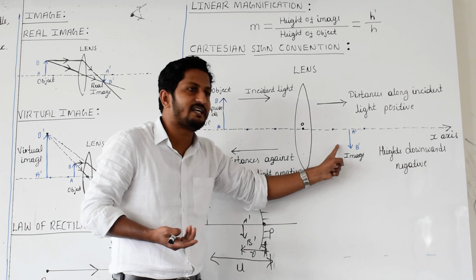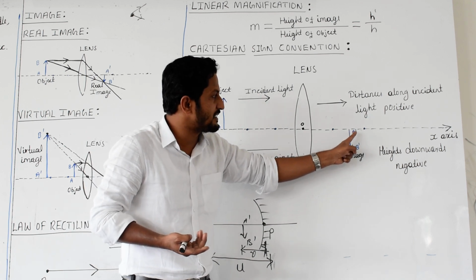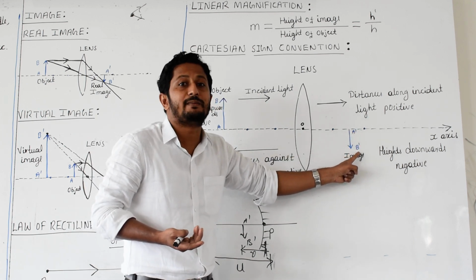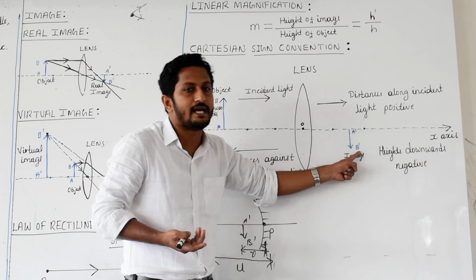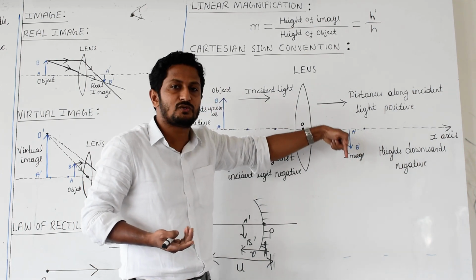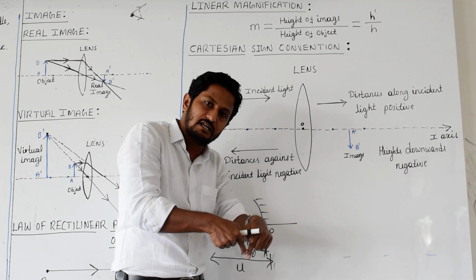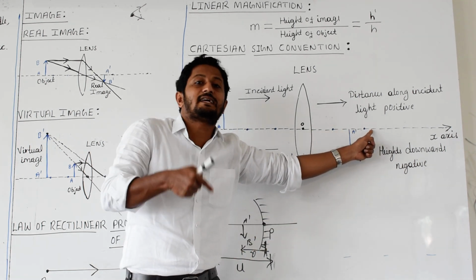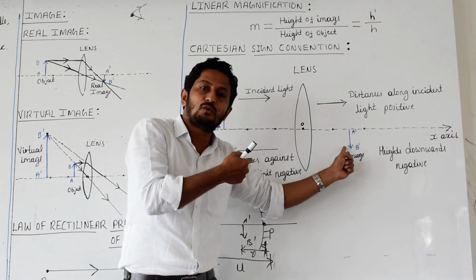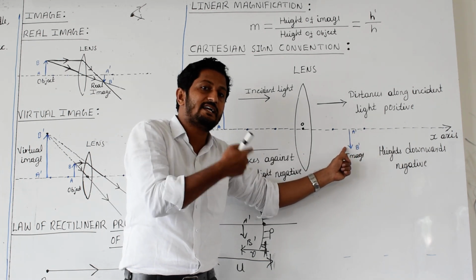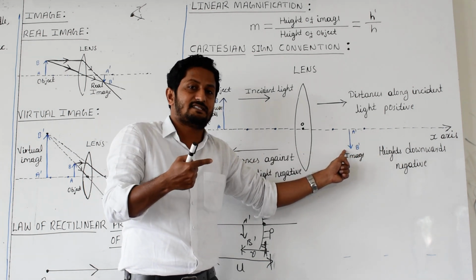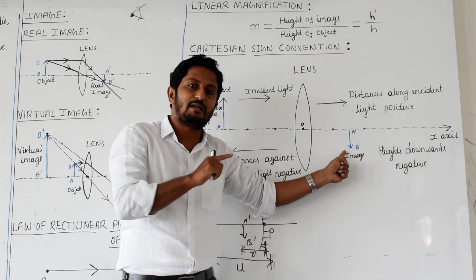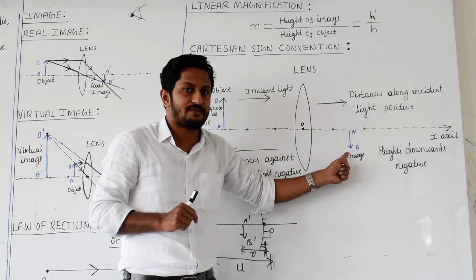Now while measuring its height, we are going to measure it from A dash to B dash. That measurement is going in the vertical downward direction with respect to this principal axis. Now we have to take this height as negative, minus h dash.